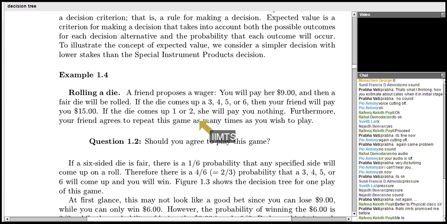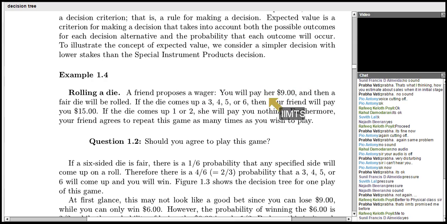And why would you play the game? Use the probability to explain. This is the game. A friend proposes a wager. What are the conditions? You will pay her $9 and then a fair die will be rolled. If the die comes up a 3, a 4, a 5, or a 6, then your friend will pay you $15.